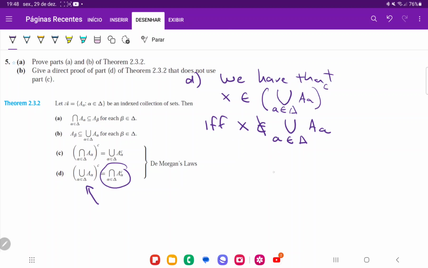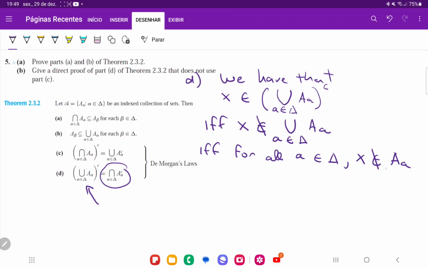And if x does not belong to the union, remember that for it to belong to the union, it has to belong to just one of the sets in the family. So if and only if, for all the sets within that family, x does not belong to it, right? If and only if, for all A belonging to the index set, x does not belong to the set, right? Because x can't be in any of the sets if it does not belong to the union.